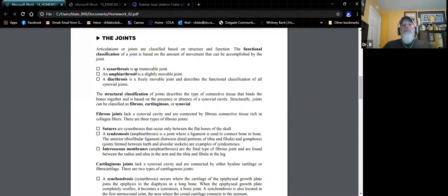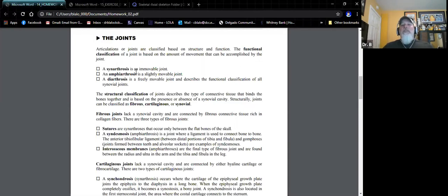Now, from a structural standpoint, these joints can be classified as either fibrous, cartilaginous, or synovial joints. And these structural classifications match up almost identically with their functional classification counterpart. All right, fibrous joints. These are not going to have a synovial cavity.